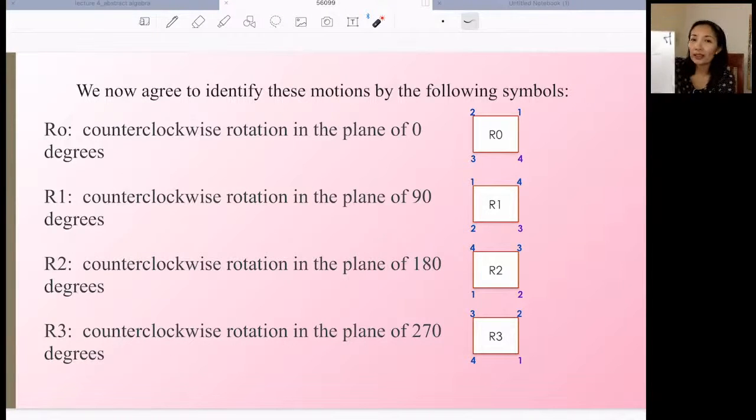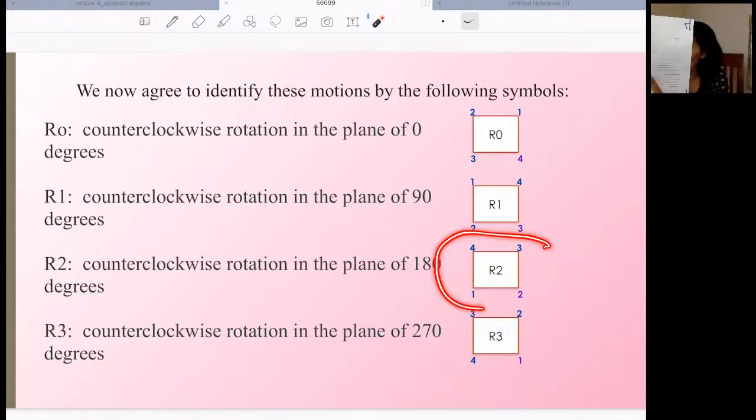Your top vertices will now be 4, 3, and then your vertices below will now be 1, 2. Can you follow?